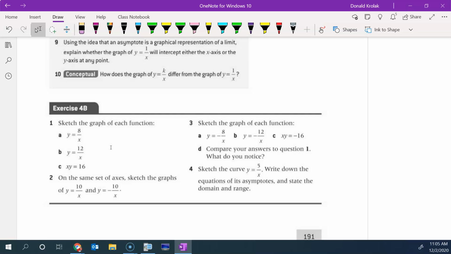I'm going to show you how easy these are to graph. Okay, if I said, sketch the graph of y equals 8 over x. You guys find it okay?